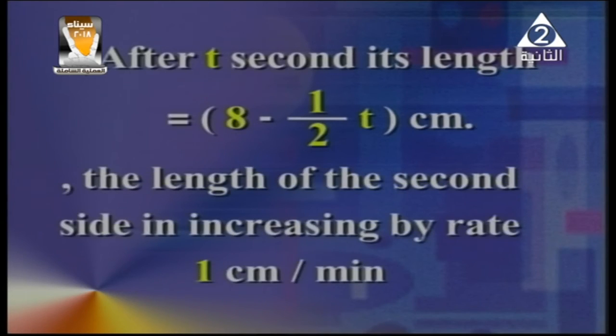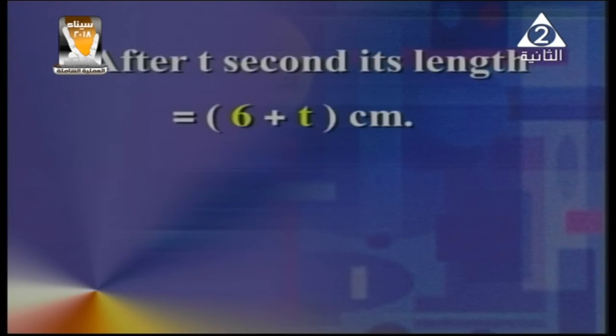The length of the second side increases at a rate of 1 centimeter per minute. Remember, the length of the second side is 6 centimeters, so after t minutes its length becomes 6 plus t centimeters.